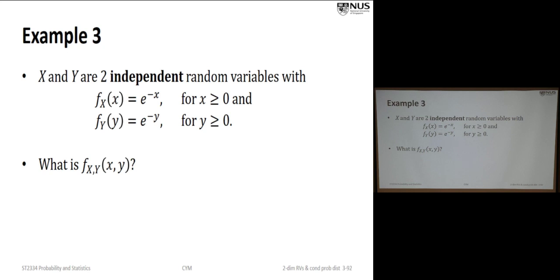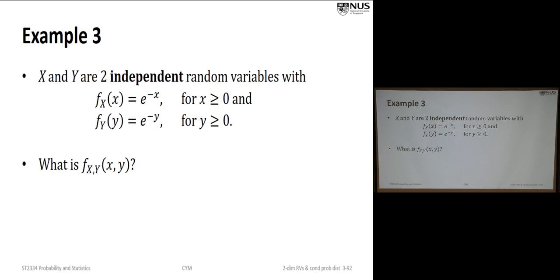In general, as I mentioned many times, for two random variables x and y, if you are given the joint PDF, then you know everything about x and y. You can compute the probabilities related to x, related to y, or related to x and y jointly. You can compute the marginal distribution of x, the marginal distribution of y, and also the conditional probability of y given x or x given y. You should know how to get all this from a joint distribution, whether it is discrete or continuous.